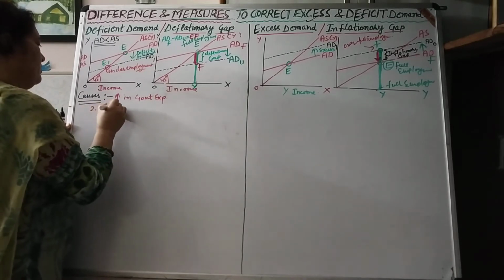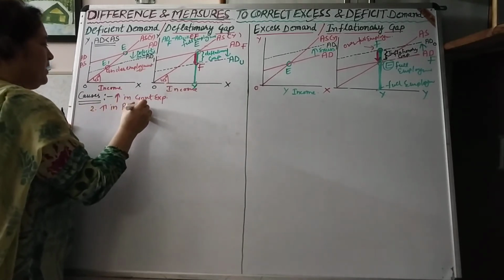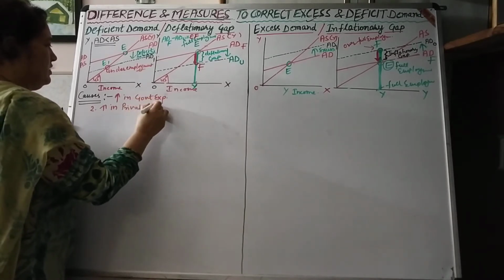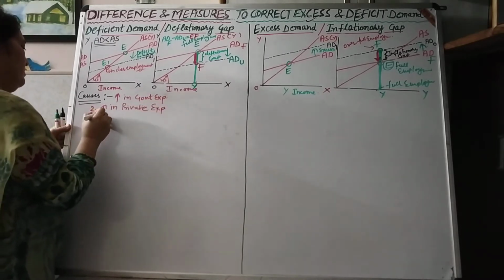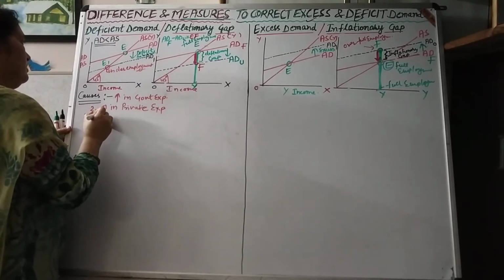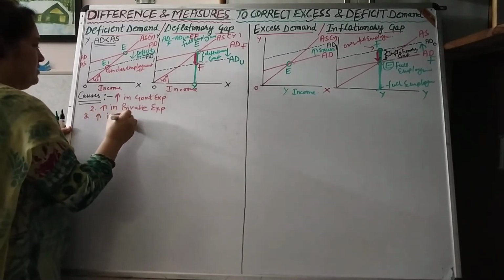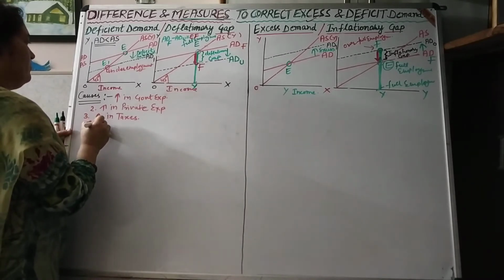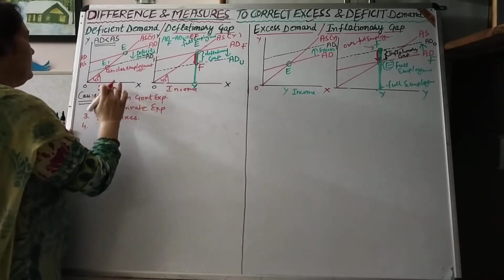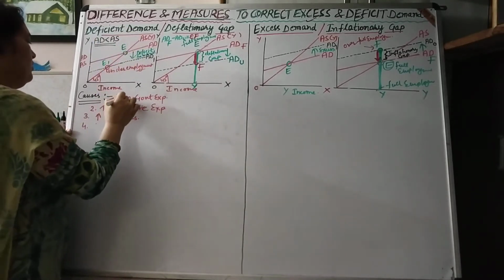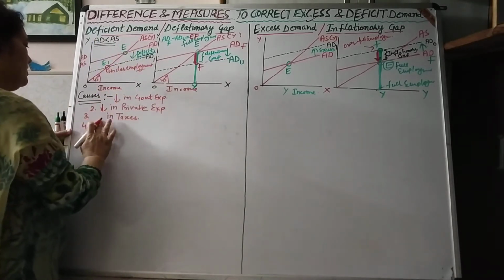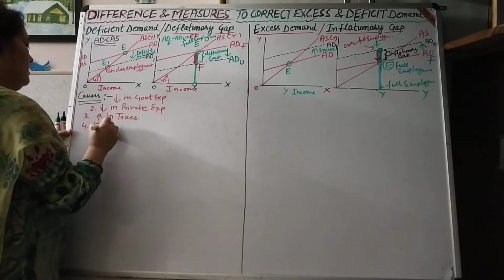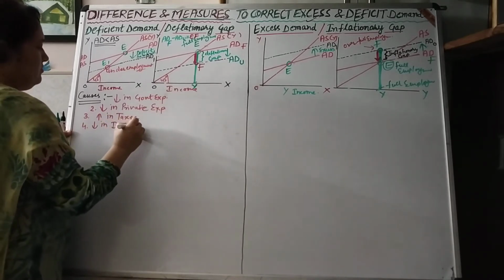Number 2, fall in private consumption expenditure. Number 3, increase in taxes. Number 4, decrease in investment expenditure.